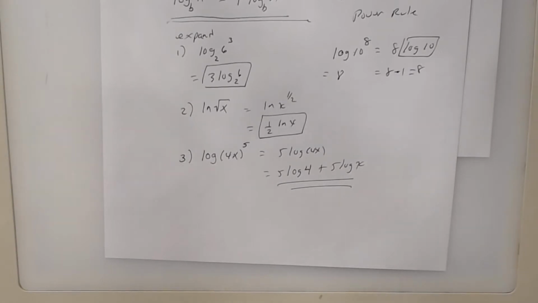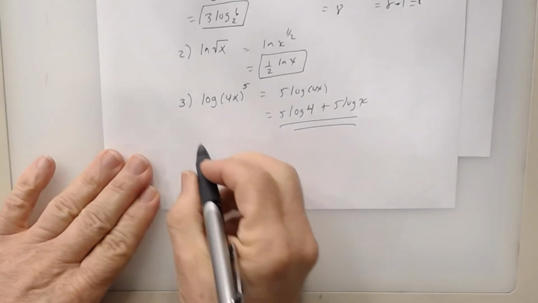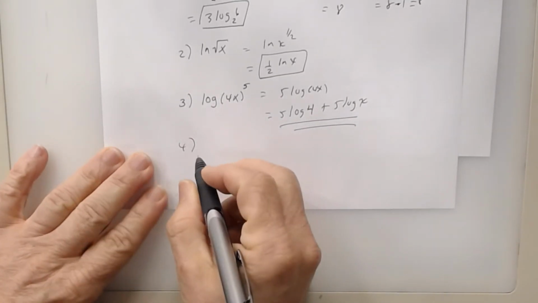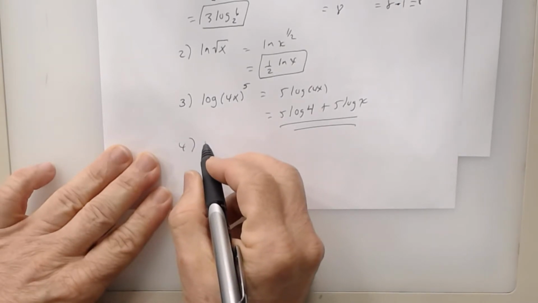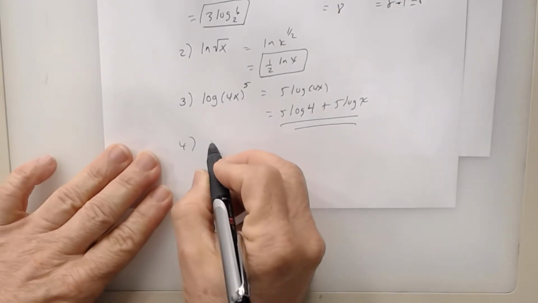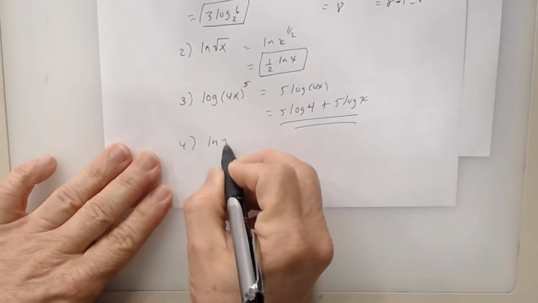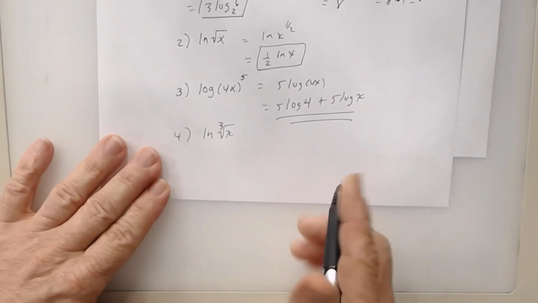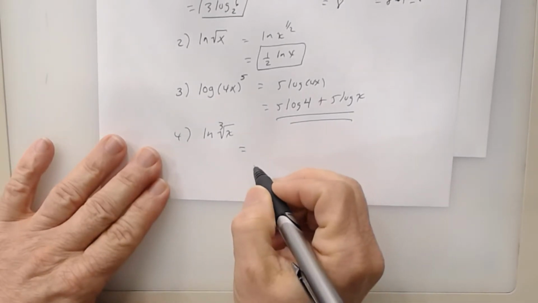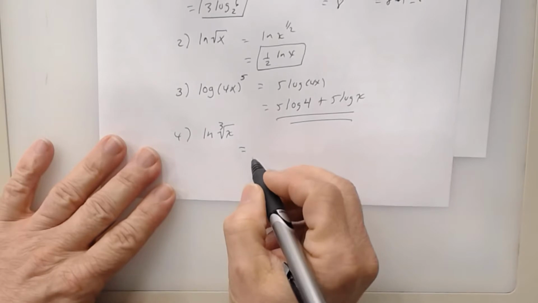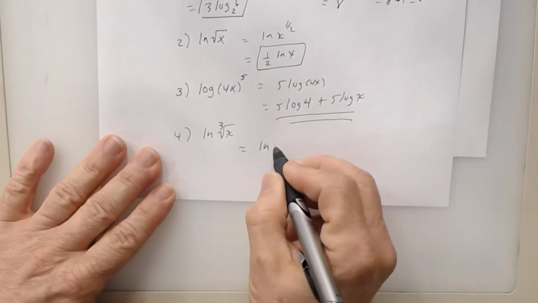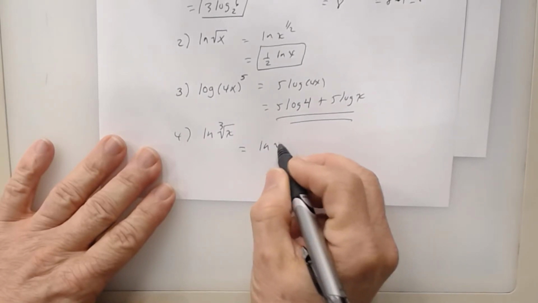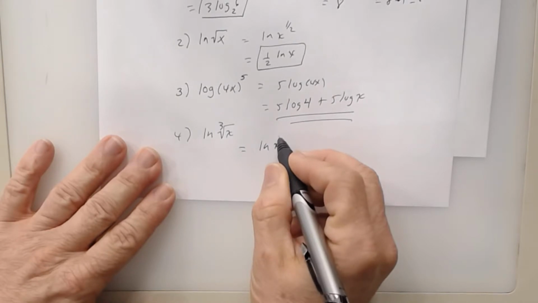Okay. Number 4. The natural log of the cube root of x. You can write this as the natural log of what? x to the 1/3.